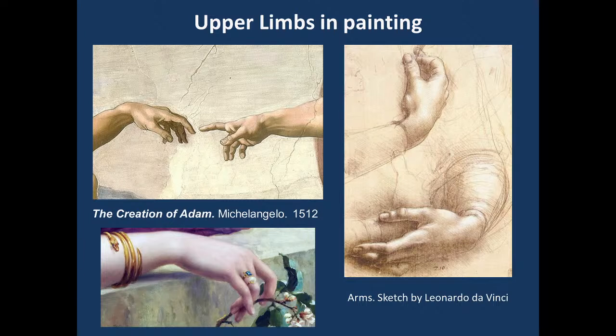As you see, a lot of artists painted the arm, because that is a really important part of the human body, because it is used for gestures, and we use the arm in our work. But I'd like to say that the arm is a very beautiful part of the body.